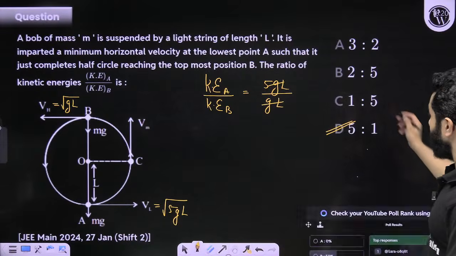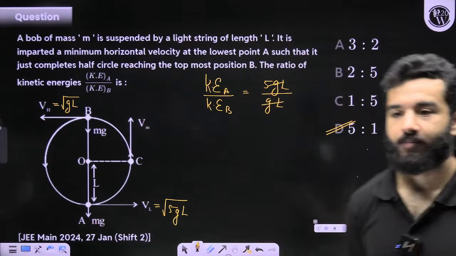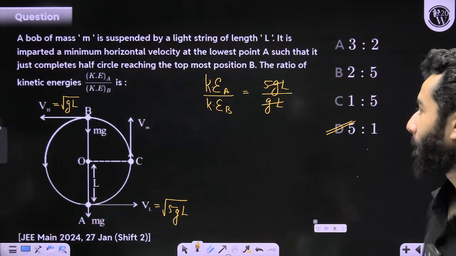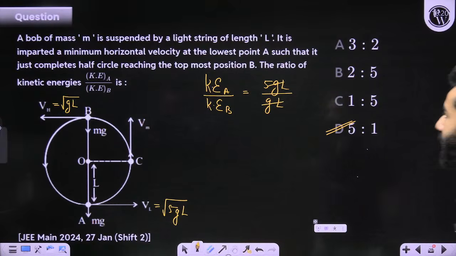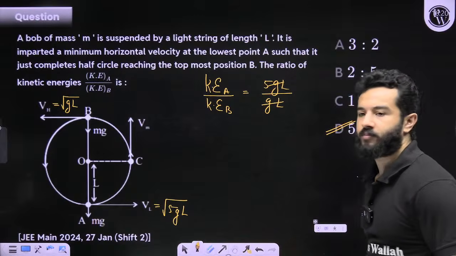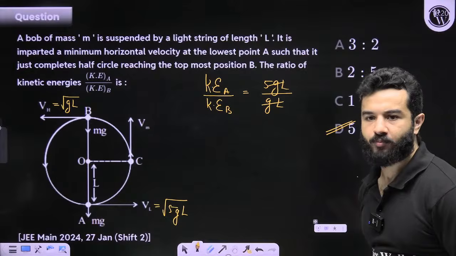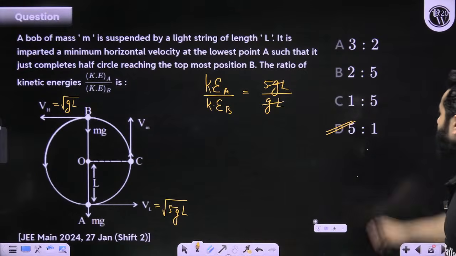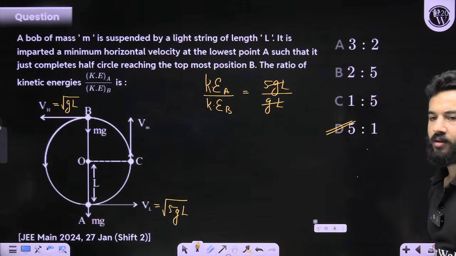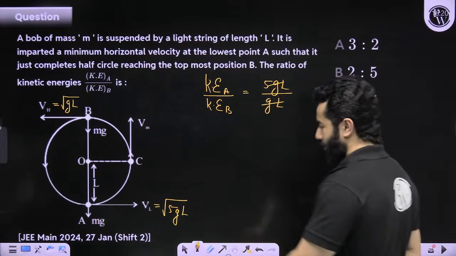Some of you have also said 2:5. How come? Any doubt in this question? Please let me know if you have any doubt. 5:1 is correct. Many of you have selected option B. Please note, this is the minimum velocity.